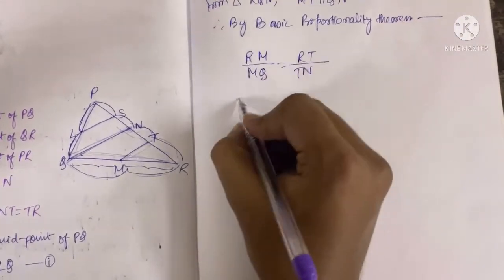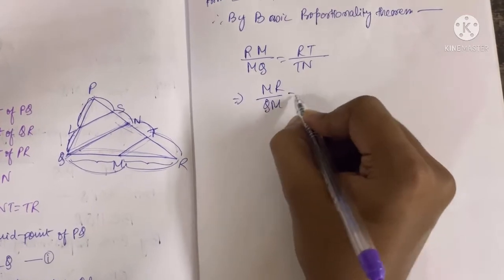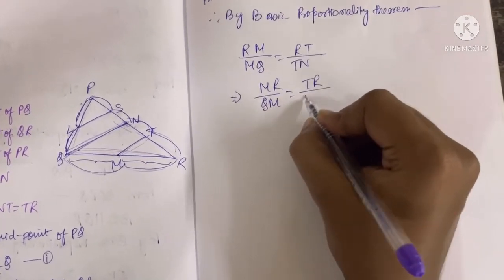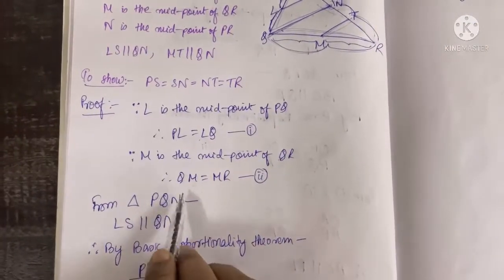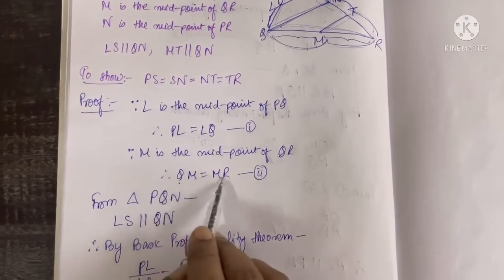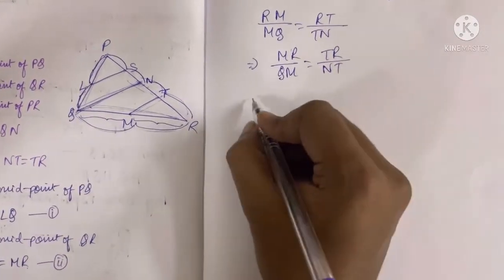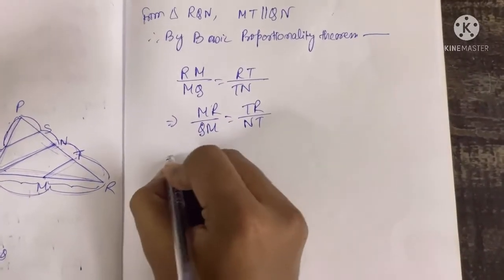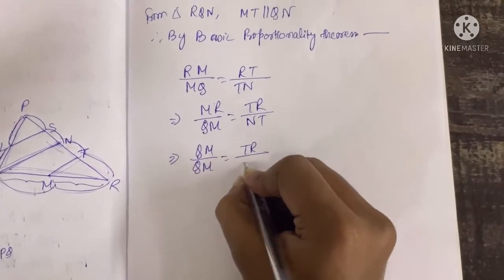Now RM means MR, same thing, and MQ means QM, same thing. This is TR and this is NT, obviously. Now here we have seen that QM and MR, these two are equal. So in place of MR and QM, we can replace them. So we can write QM by QM equal to TR by NT.